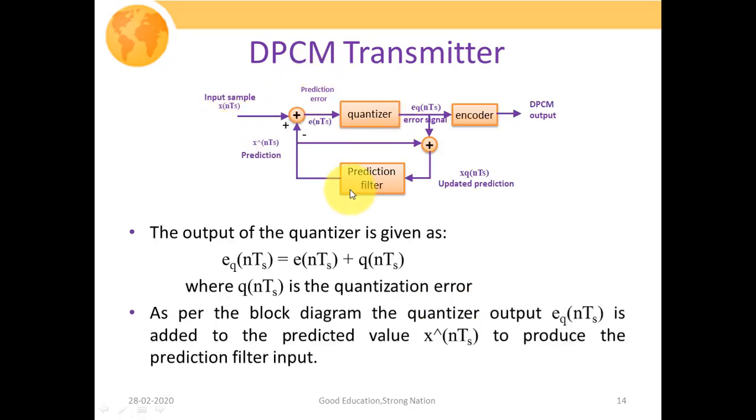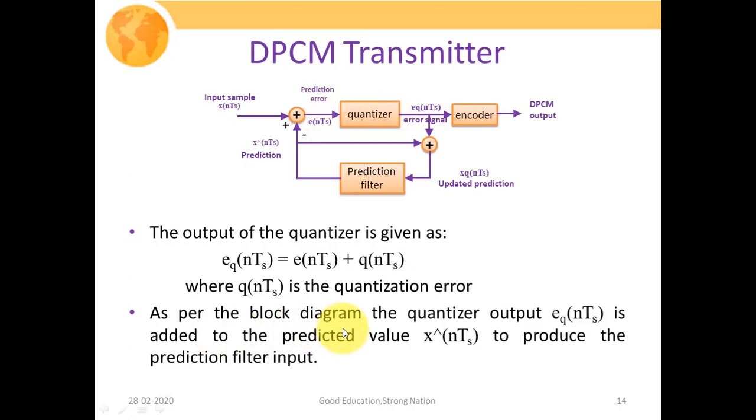Now if we closely observe this DPCM transmitter block structure, the output of the quantizer is given as e_q of nTs, which is the summation of e of nTs plus q of nTs, where q of nTs is the quantization error while performing quantization over e of nTs.